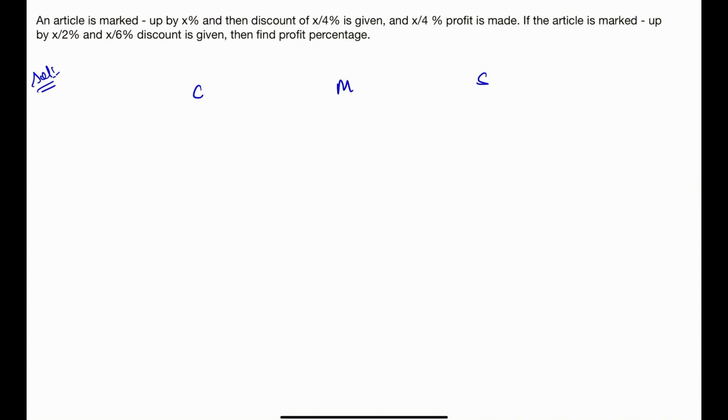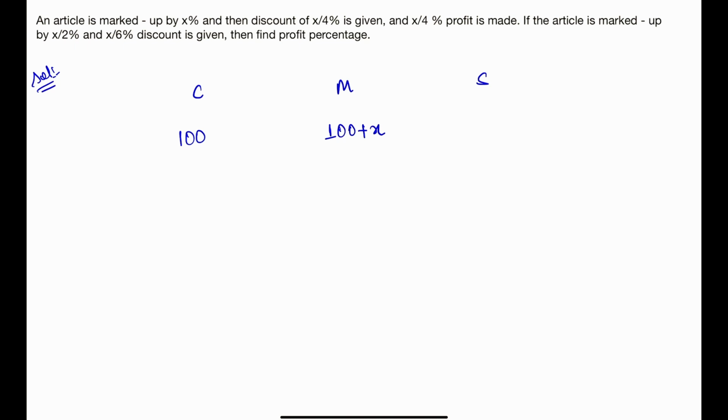We are not sure about the value of x percentage, but x percentage is the marked-up amount. So if I take the cost as 100, my marked price will be 100 plus x, right?